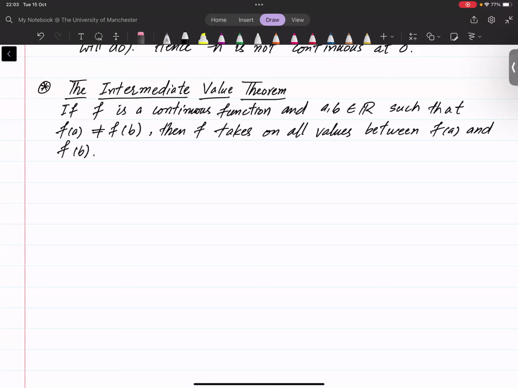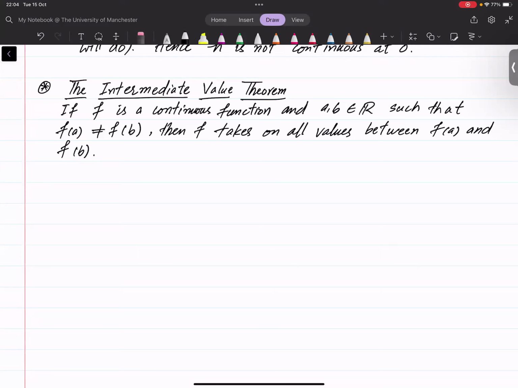If we think of a continuous function as one whose graph is a continuous line, this seems obvious, as a continuous line from a, f of a to b, f of b will surely pass through the points with all the possible y values between f of a and f of b. However, finding a rigorous proof is not at all obvious, and the following proof is one of the trickiest in the book.